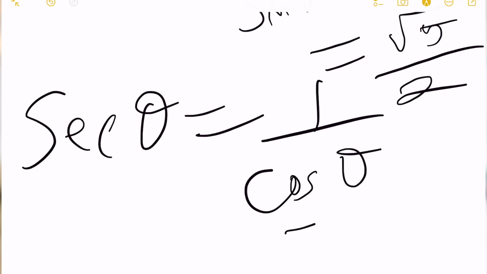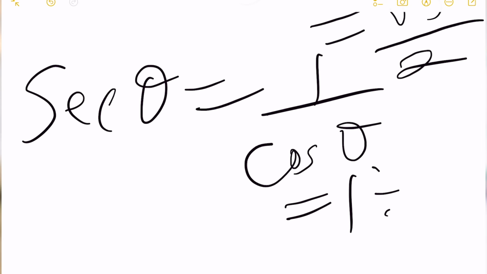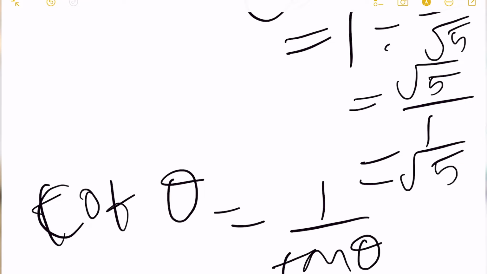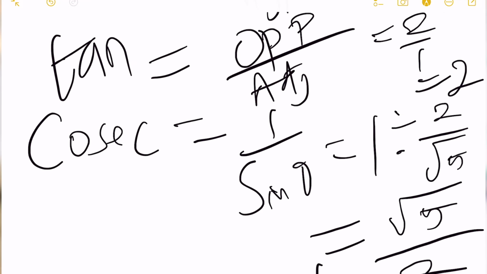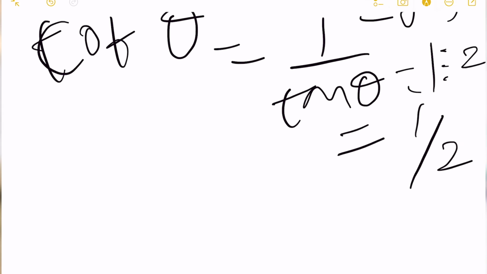So we have this to be 1 divided by 1 over root 5, which is root 5 over 1, which is root 5. We have our cot theta, which is 1 over tan theta. And 1 over tan theta is 1 divided by 2. So we have 1 over 2 to be our cot theta.